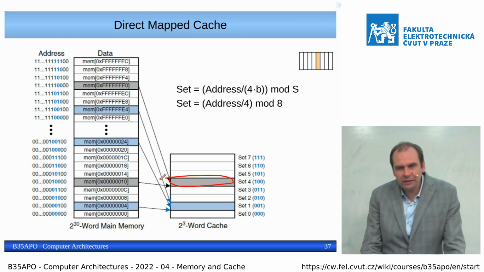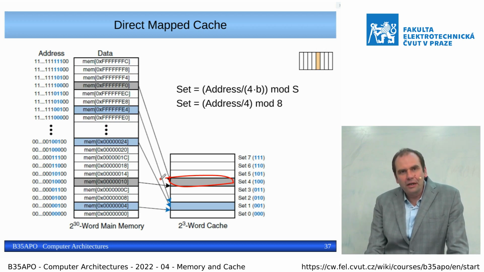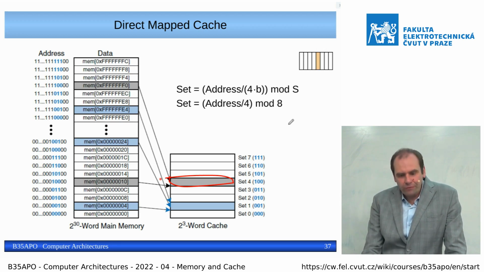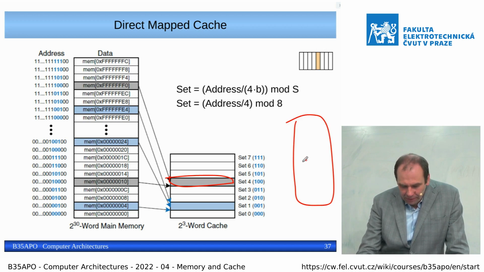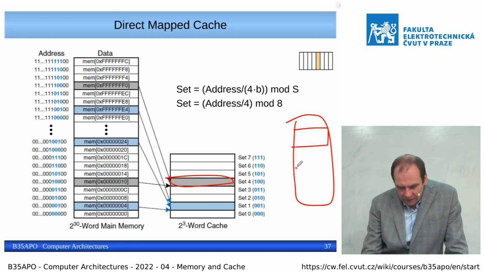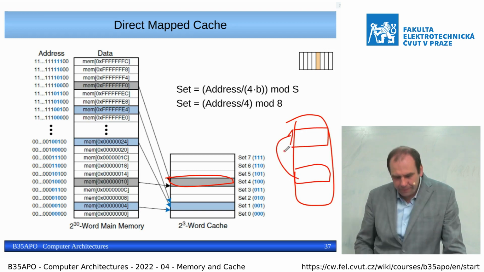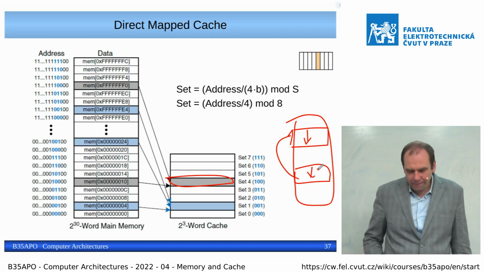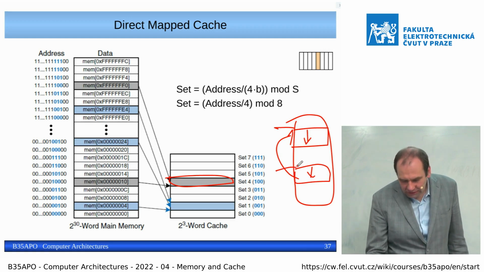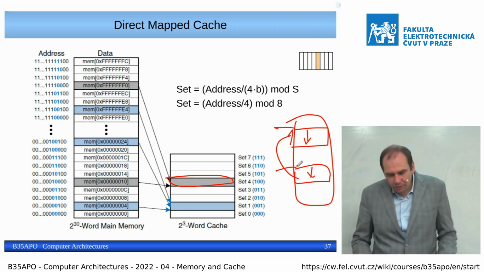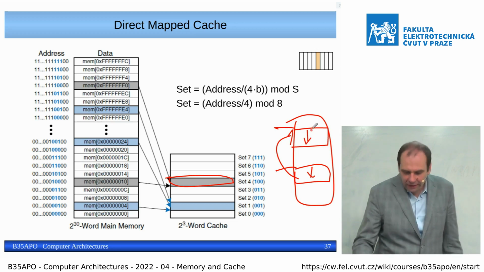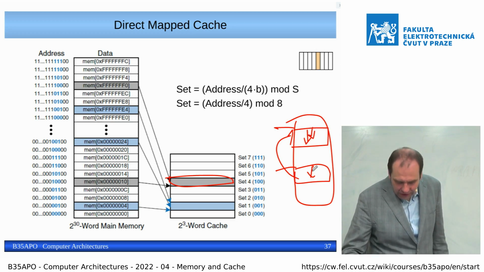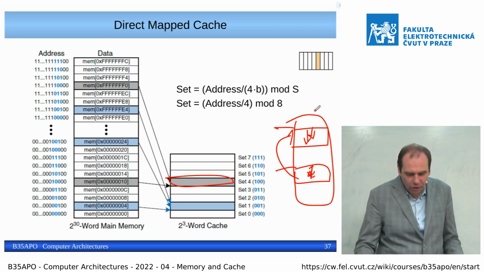So what is the problem? When you have, for example, two arrays in the memory, I will try to demonstrate it, and you want to add the contents of one array to another, and you sequentially go through one array and through another array, then if they start at some random location, usually you get that part of this array into the cache, and the part of the other array which you work on into the cache.